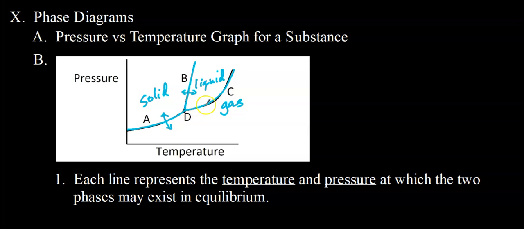As we can see here, and I'll show you the phase diagram for water in a little bit, this line here represents all of the different boiling points of water. So notice that as the pressure increases, the temperature at which the liquid becomes a gas also increases. And so we can't say what the temperature of boiling water is. It depends on the pressure, as we talked about the other day.